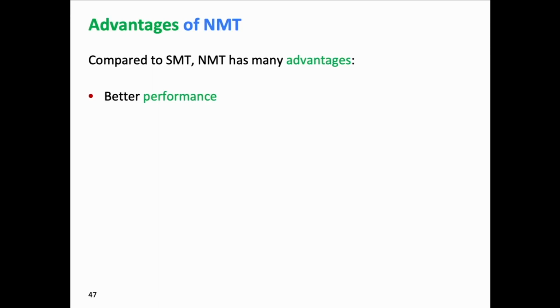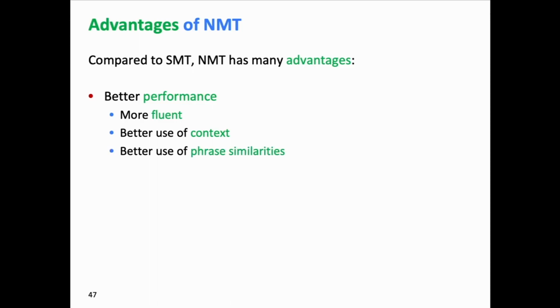NMT systems tend to give better output than SMT systems in several ways. One is that the output often tends to be more fluent. This is probably because RNNs are particularly good at learning language models, as you learned last week. Another way that they're better is they often use the context better. That is, they're better at conditioning on the source sentence and using that to change the output.